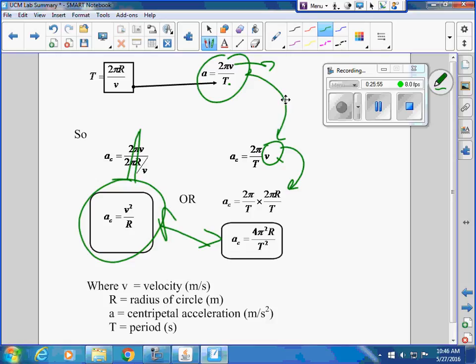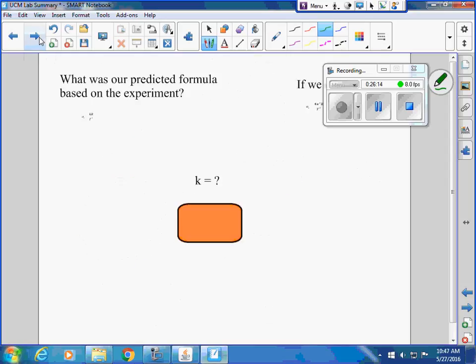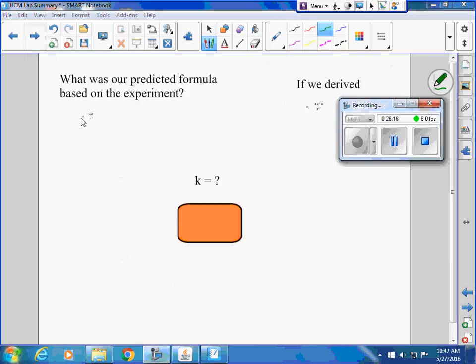Now, way back about 15 minutes ago, we came up with a k, and I said we need to know what the number is for k. Do you remember what the rest of that formula was? What was our predicted formula based on the experiment?